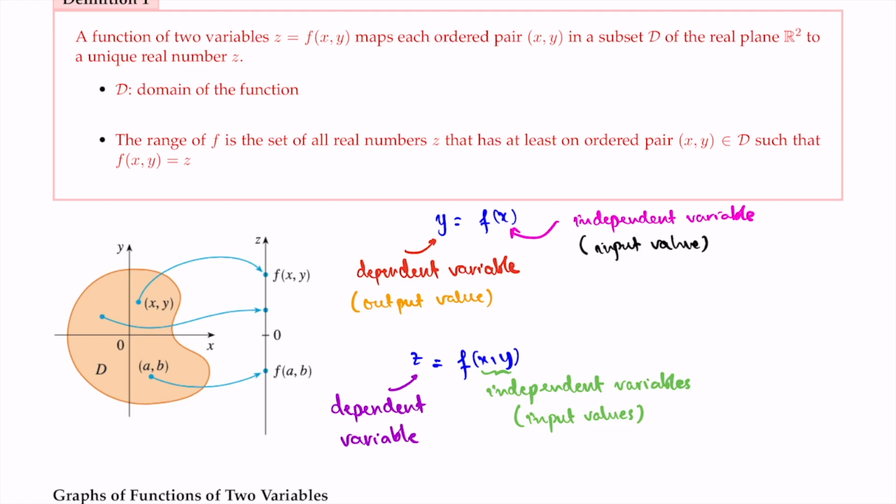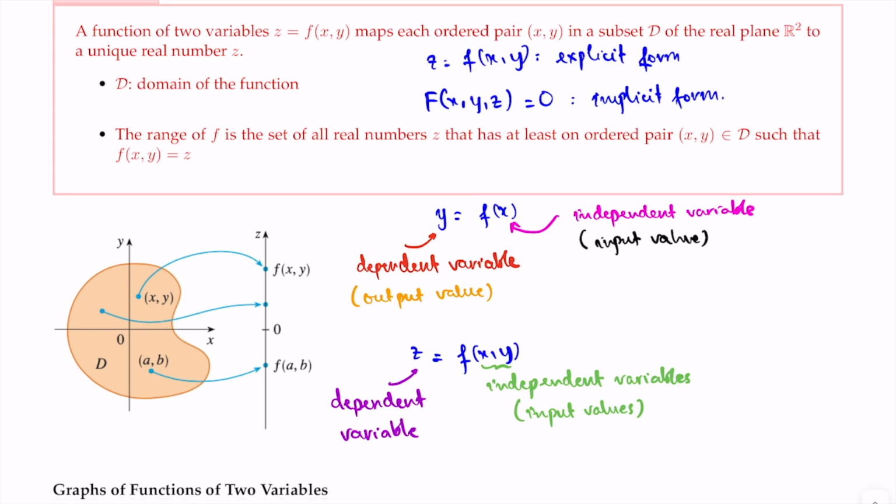In general, functions of two variables are written explicitly in terms of z equal to f of x, y. So this is called explicit form. But it can also be written in implicit form as capital F of x, y, and z equal to 0. So this is implicit form.